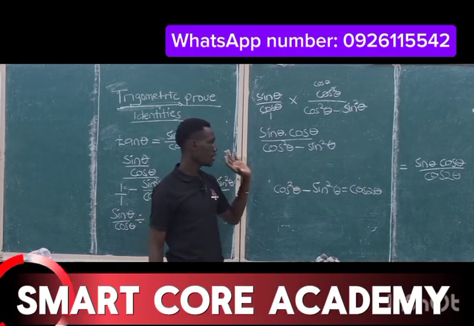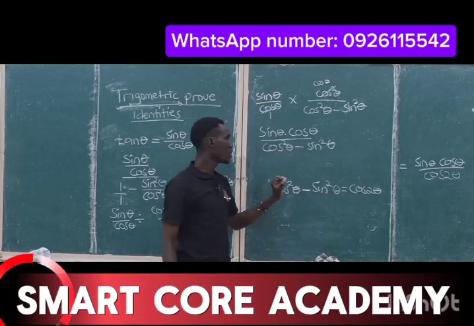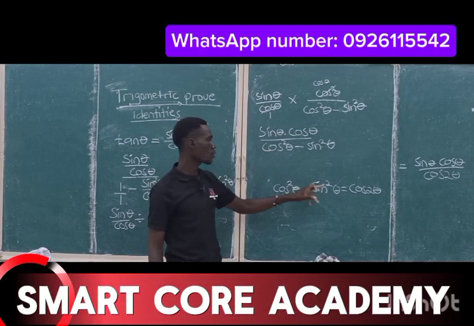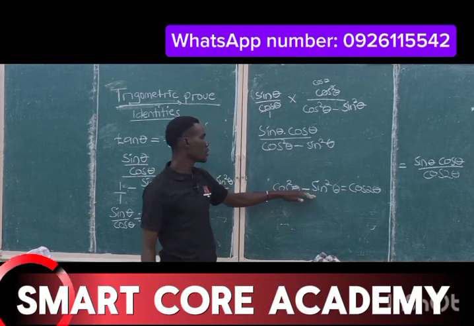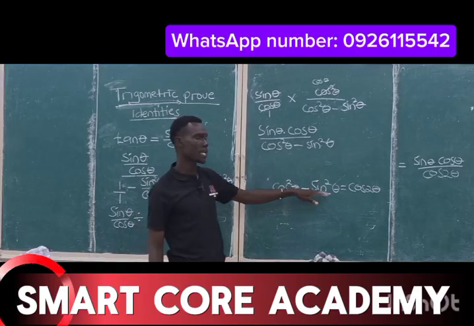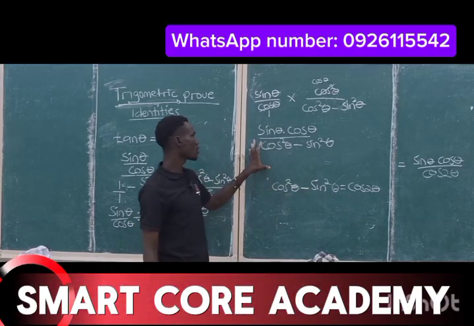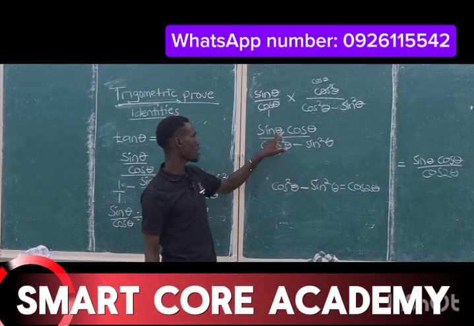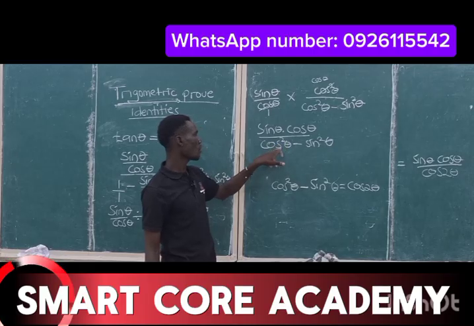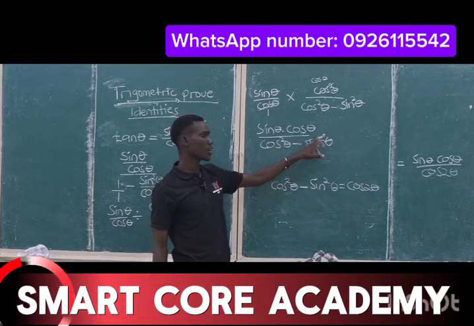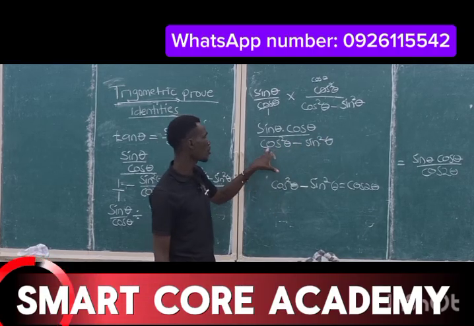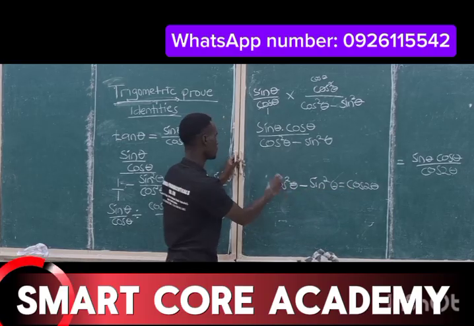So if that one is the idea, we will replace cos square theta minus sine square theta with cos 2 theta wherever we see it. Now let's look at our equation. We have sine theta cos theta all over cos square theta minus sine square theta. That means we are going to replace this one with this one.